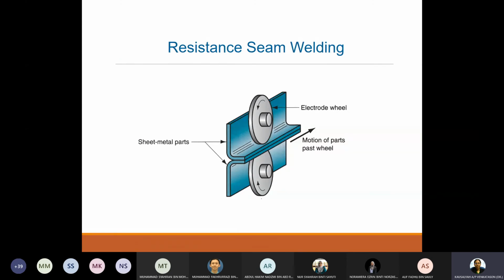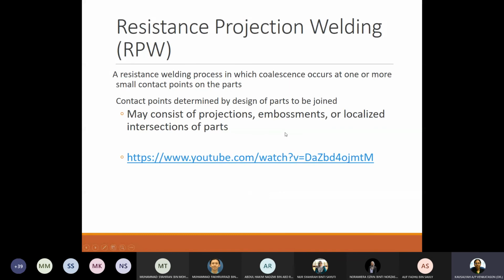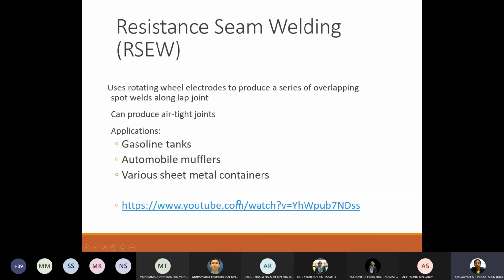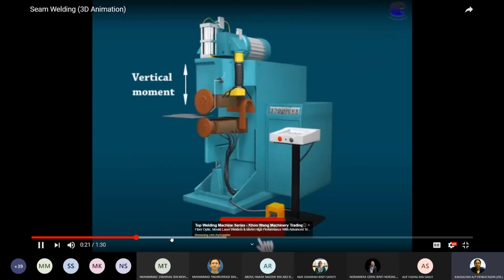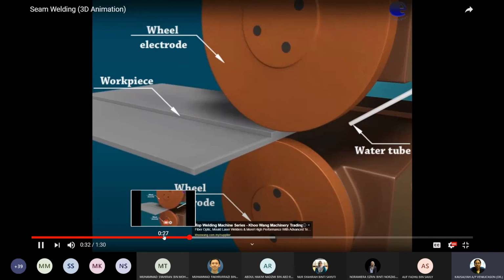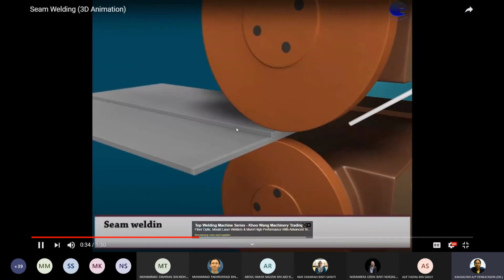If you remember the rolling process last time, something like that, but right now it is with electrodes and current involved. So you can see now you have an overlapping joint over here.